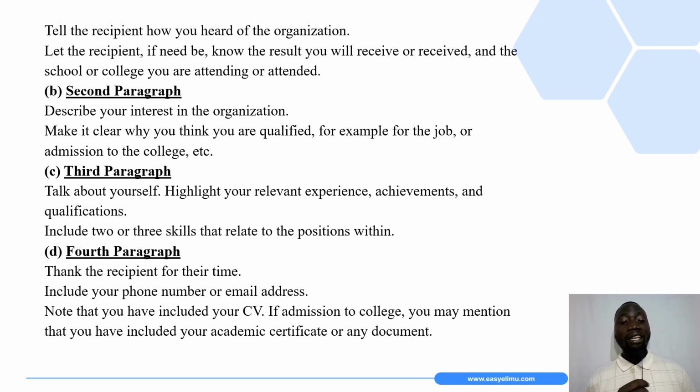Then another thing, include 2 or 3 skills that relate to the positions within. So we can talk about at least 2 skills that relate to the positions within.